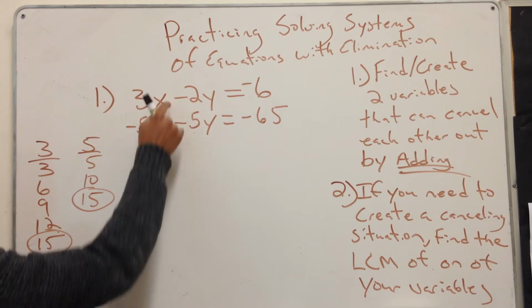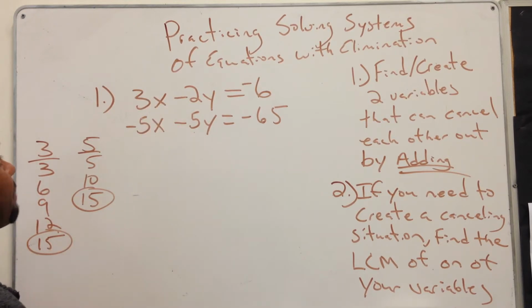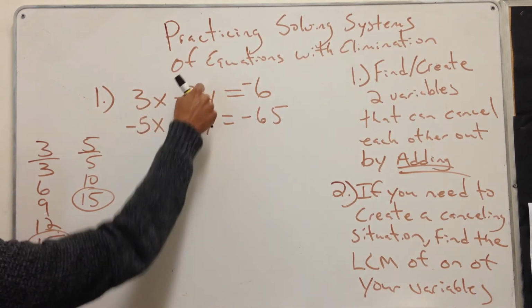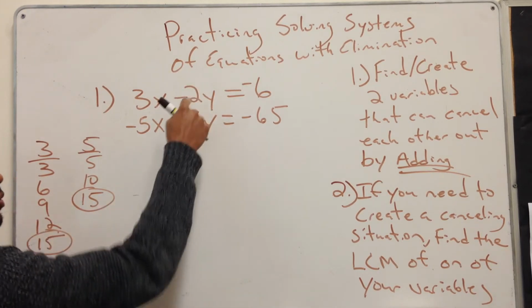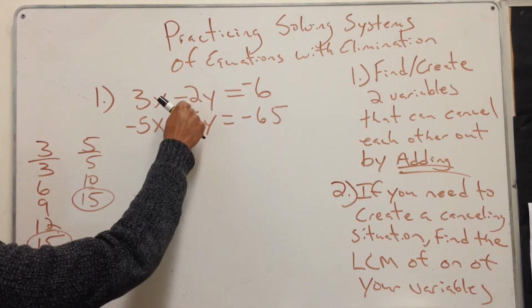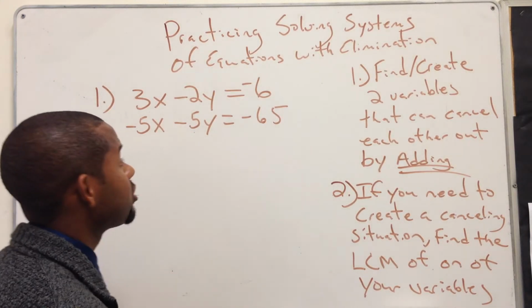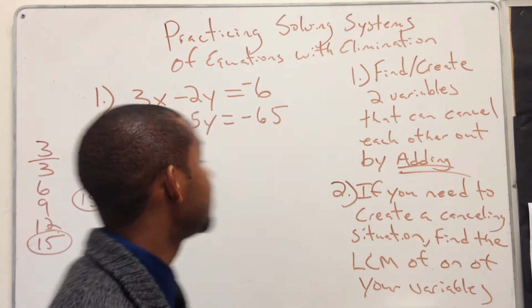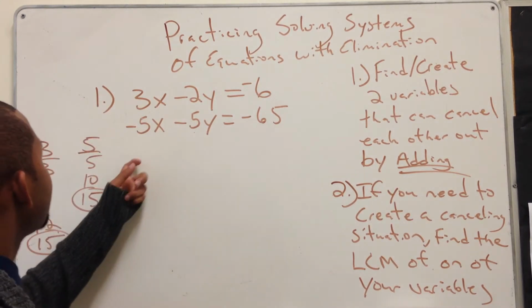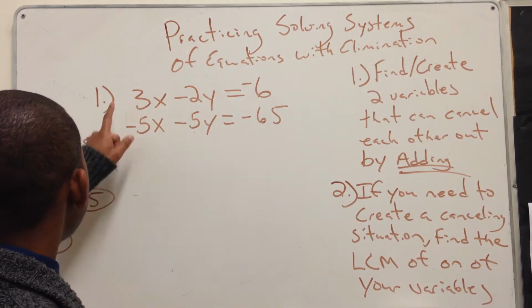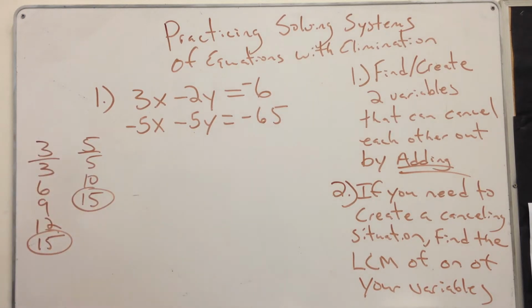I can turn both of these into a 15 by multiplying. I could do the same thing with y. Between 2 and 5, I could turn a 2 into a 10 by multiplying, and I could turn 5 into a 10 by multiplying. Doesn't matter which one you use. Just because I did this, I'm going to use a 3 and 5 because I did it to begin with.